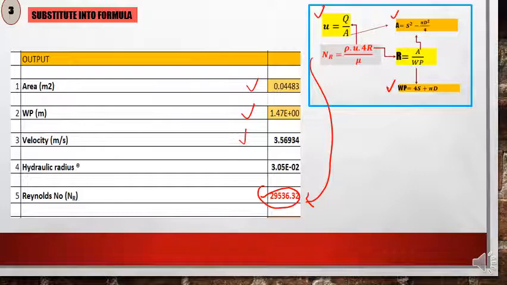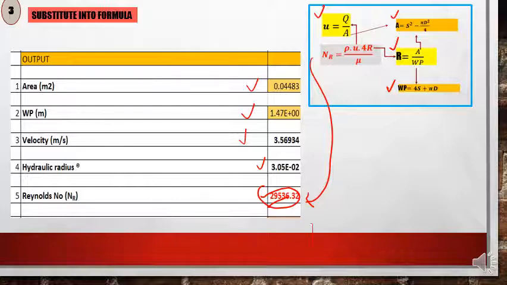We also need R, the hydraulic radius. Lastly, since the density and viscosity are given, we substitute all the information into the equation, and we get a Reynolds number of about 29,000.